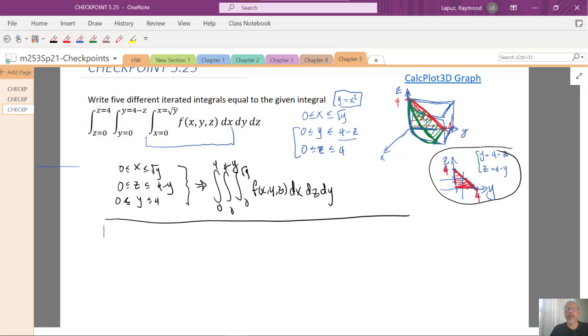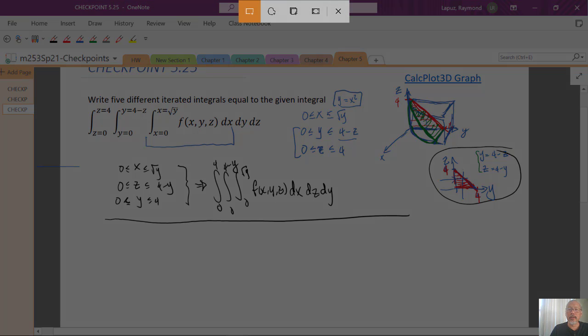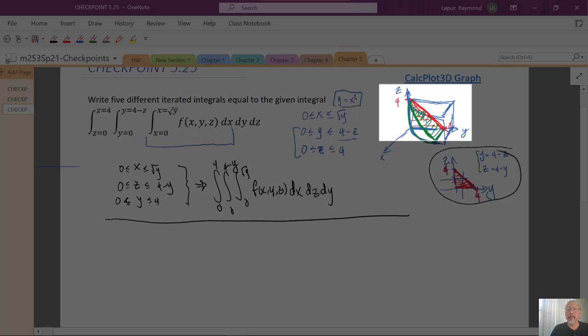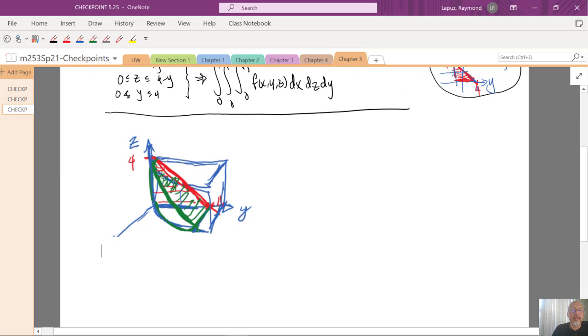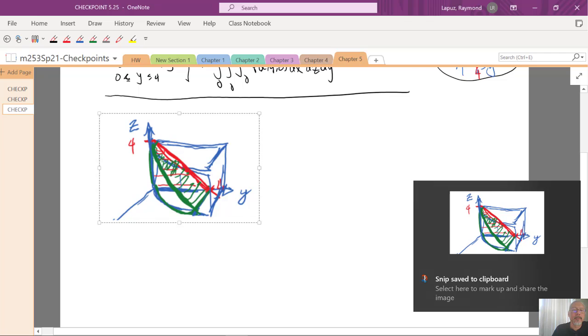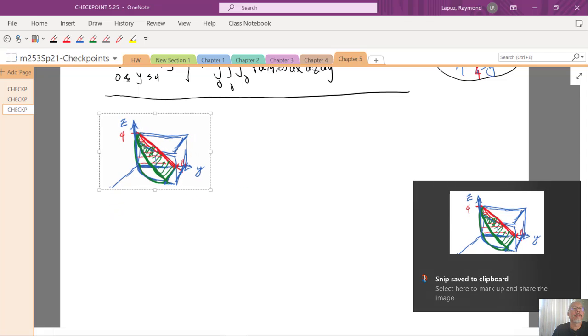Or instead of recreating the drawing, I will just copy and paste that drawing. And then let's see if we can approach it from a different set of limits.